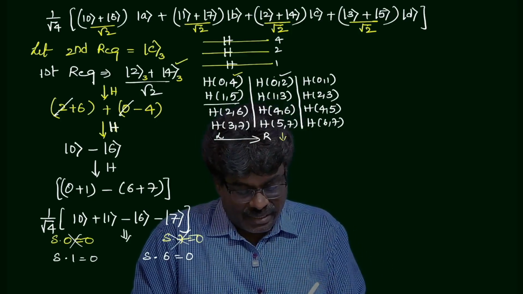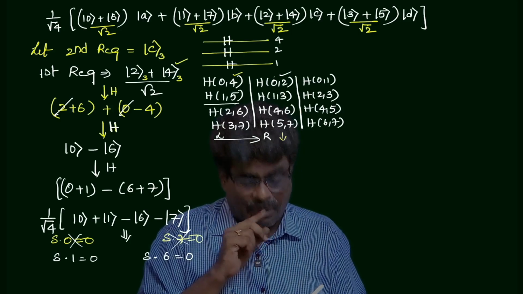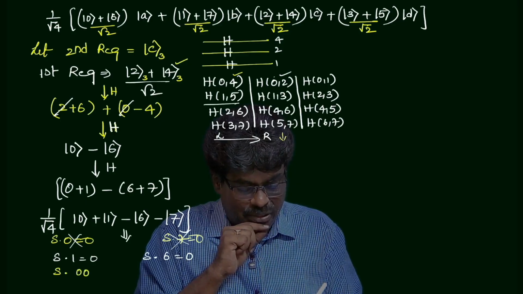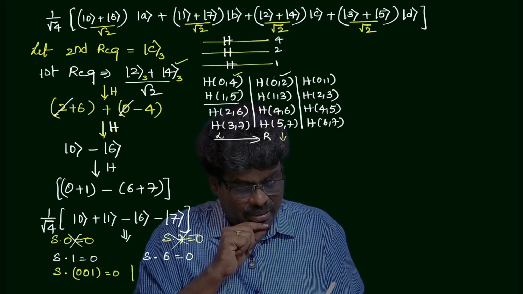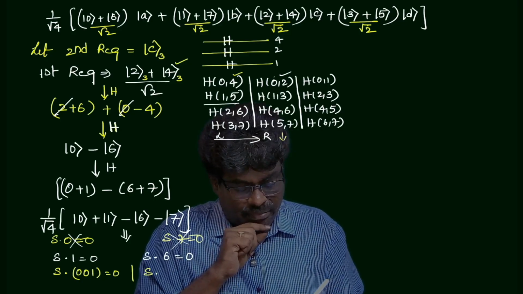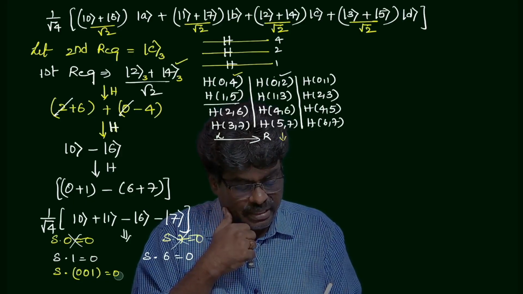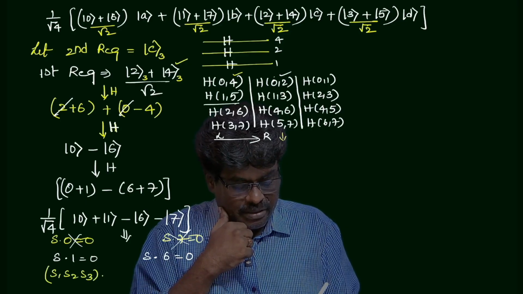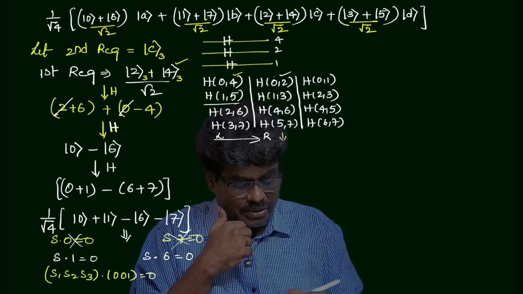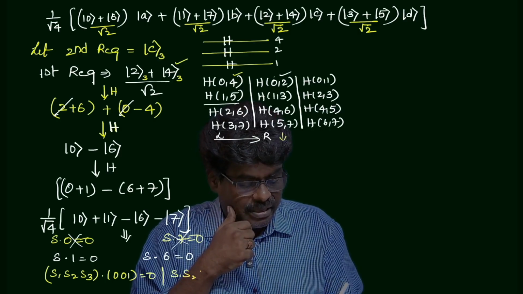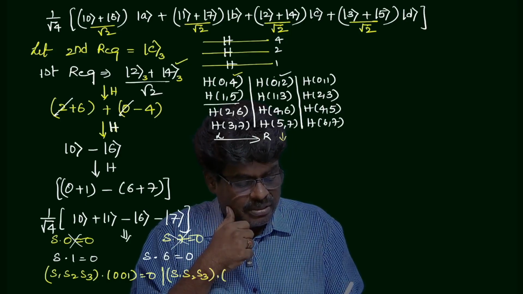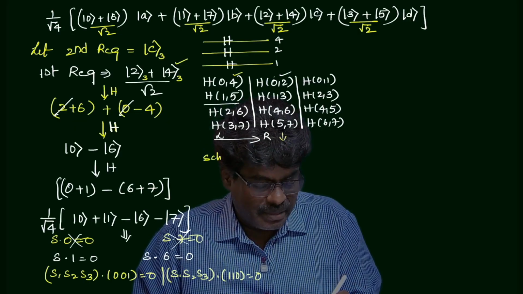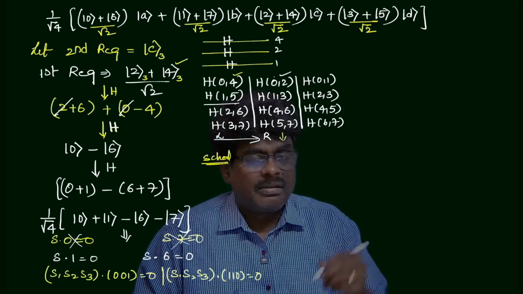Here we have 3 qubits, so that's why this 1 can be written as s dot 001 equal to 0, and of course s also you can write s1 s2 s3, let me write that also, s1 s2 s3 dot 001 equal to 0, and the next one s1 s2 s3 dot 110 equal to 0. This is a school level algebra, easy.